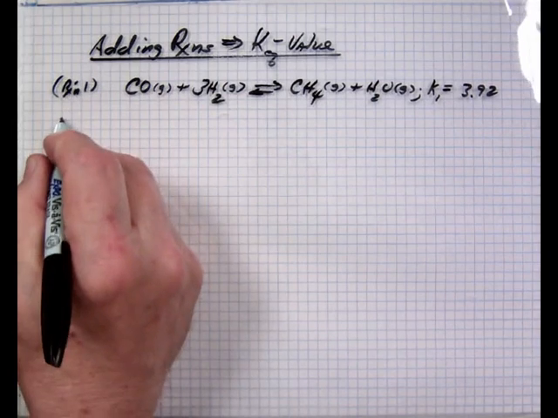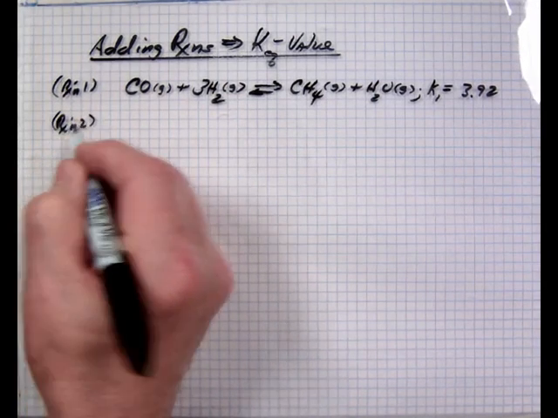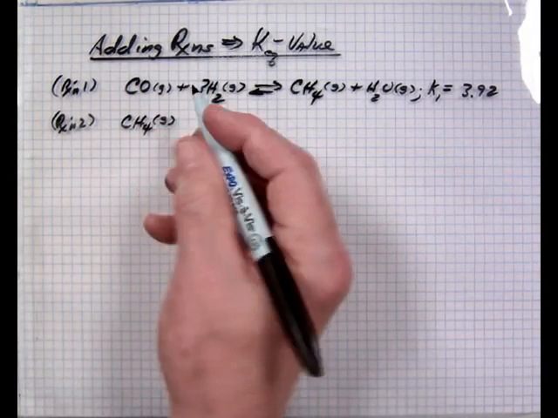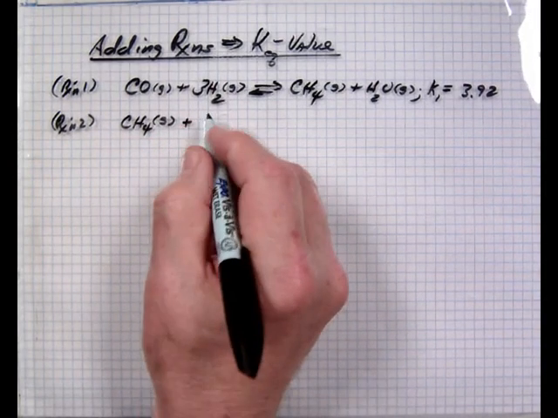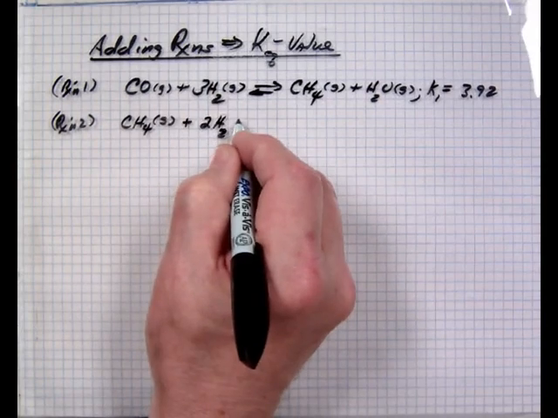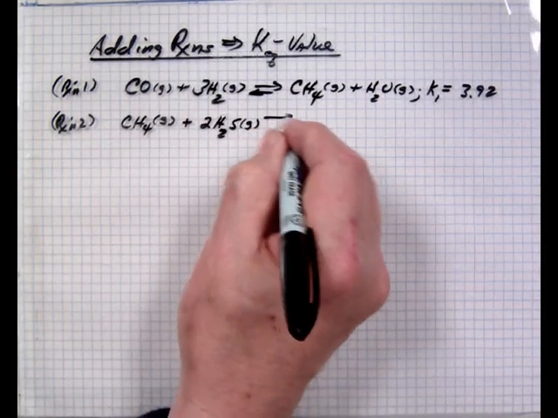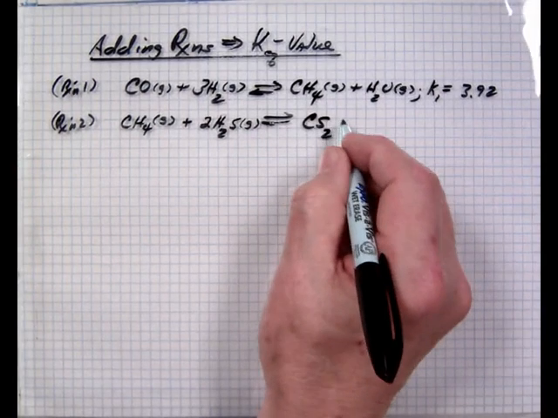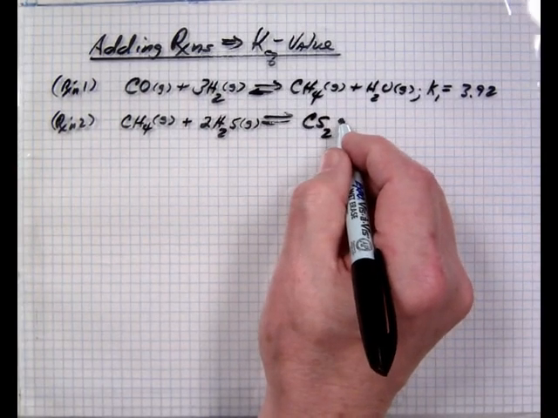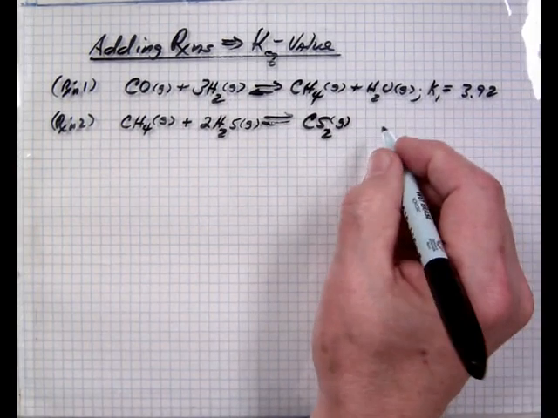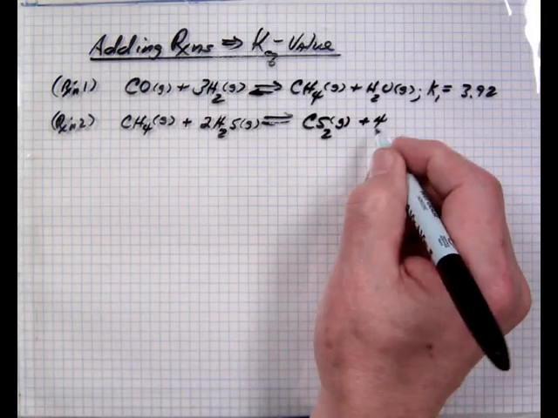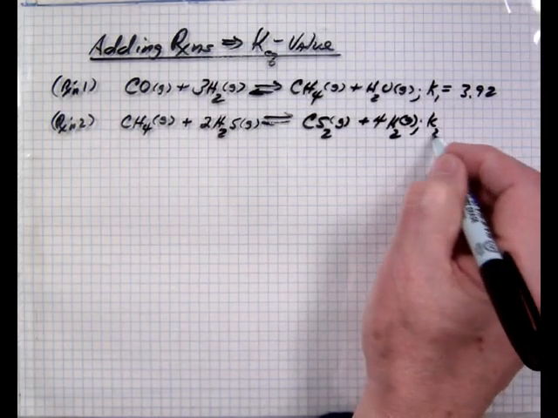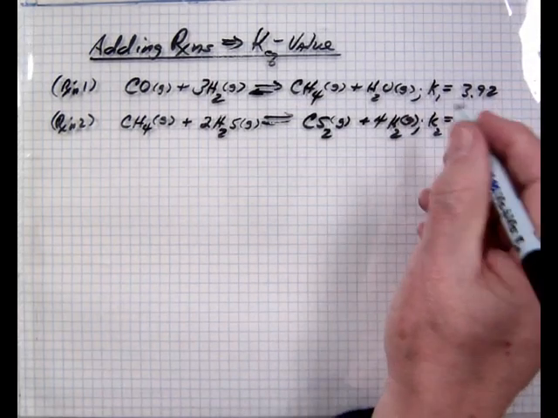A second reaction is given: methane and hydrogen sulfide, a very poisonous gas, and the outcome is carbon disulfide, and that's, at this temperature, a gas, plus 4H2 gas, and K2 is 3.3 times 10 to the 4th.